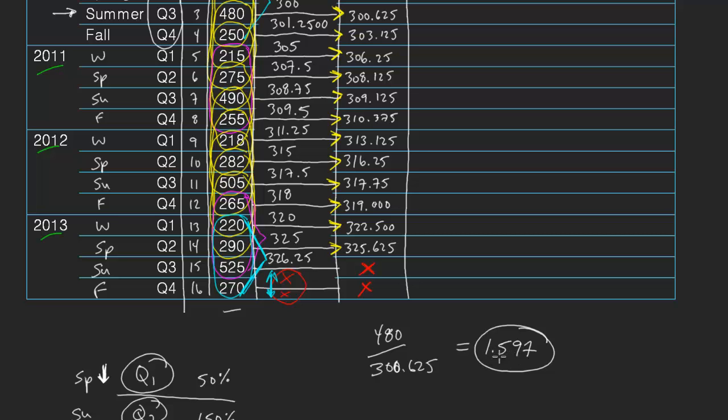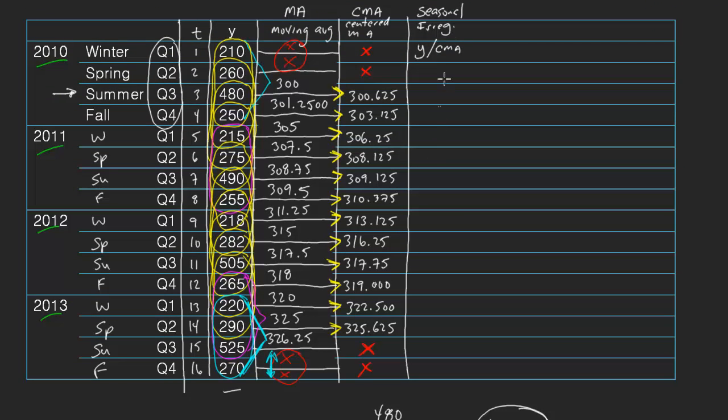So it's almost 60% bigger than what we normally would have expected. That's what we're going to put in for our seasonal irregular. We're just going to put in the results of those calculations. So this is 1.597.